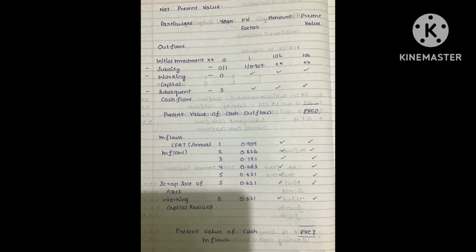We have received rupees 1 at the first year end. Now we want to know what is the value of 1 rupee at the starting of the year. So the inflation rate is 10%. So the value of 1 rupee received at the first year end, if we discount it to the present value, is 0.909.